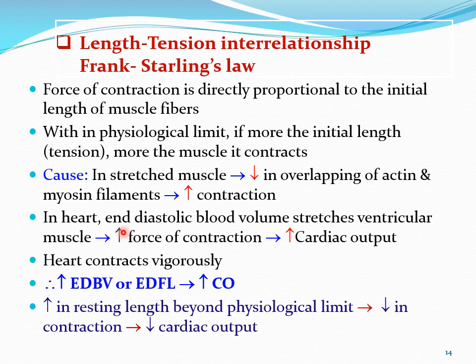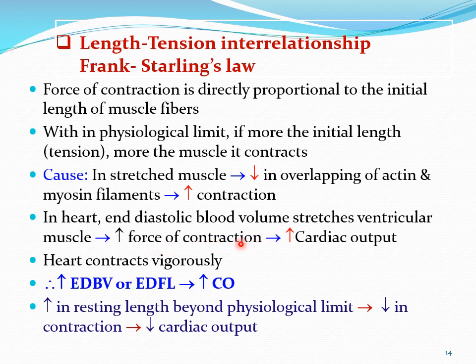In the heart, end diastolic blood volume stretches the ventricular muscle. What is the end diastolic volume? End diastolic volume means how much blood is accumulated in the ventricle at the end of the diastole. If there is more accumulation of blood, that means there is more stretching of the muscle, and that means an increase in the force of contraction.